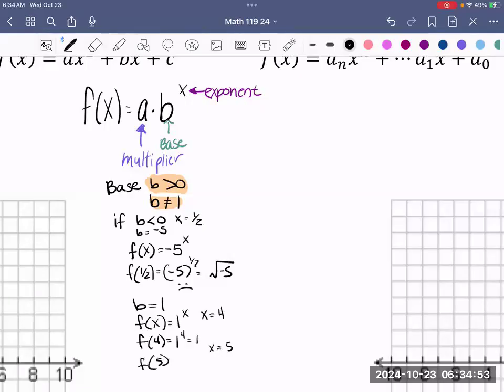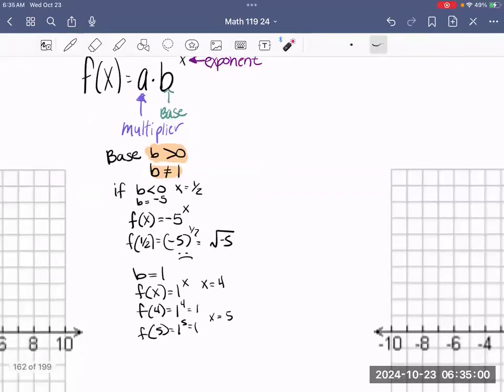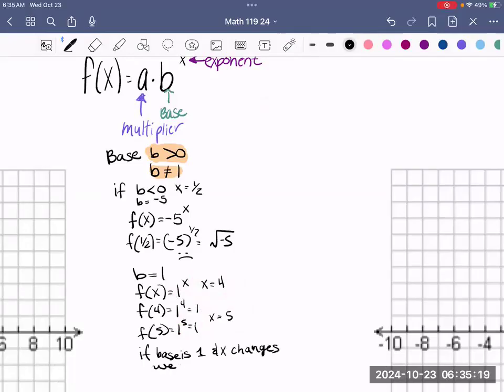So f(5) = 1^5, and that is also equal to 1. So what's going to happen if you have a base of 1? Even if you're changing your x value, you're going to come up with a solid straight line. So if the base is 1 and x changes, we will get a line. So that is why b has to not be equal to 1.